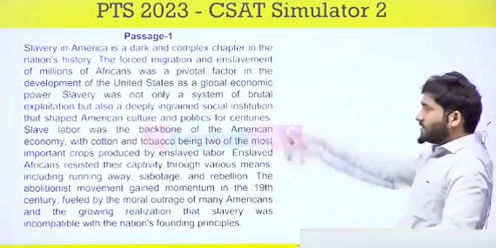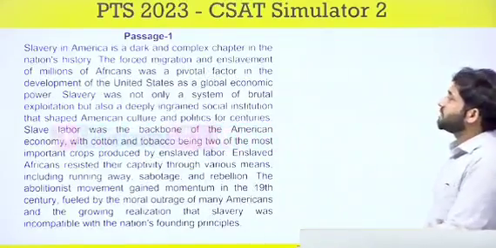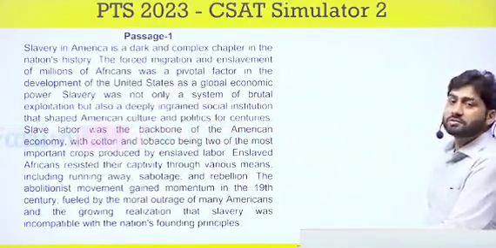That is how the complete transition has been discussed around slavery.